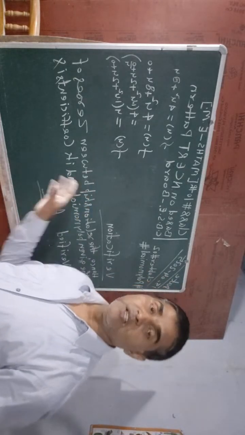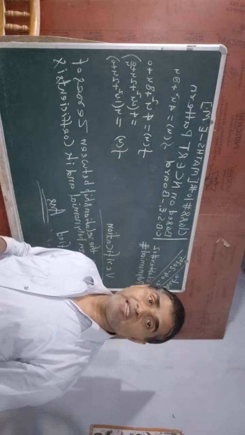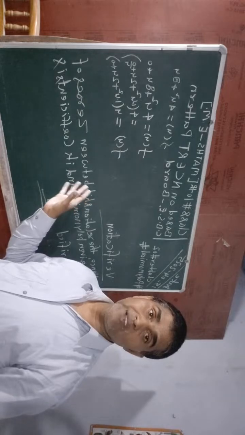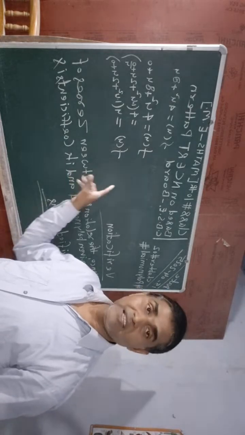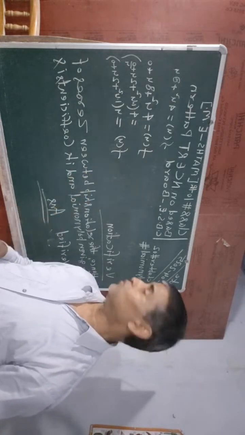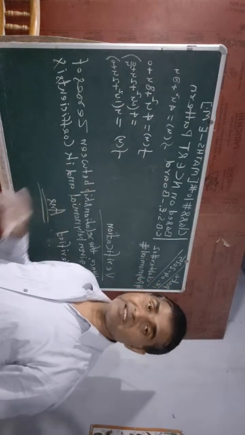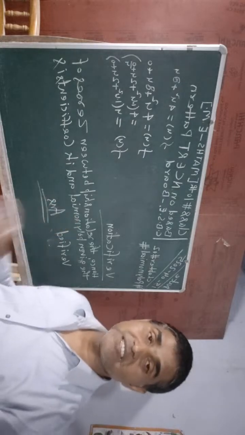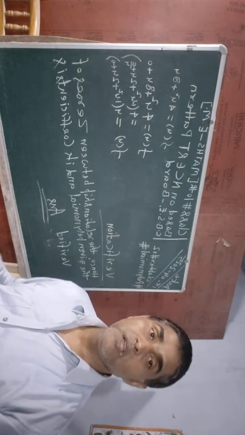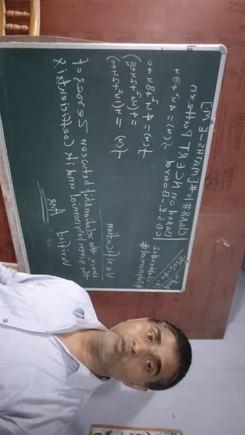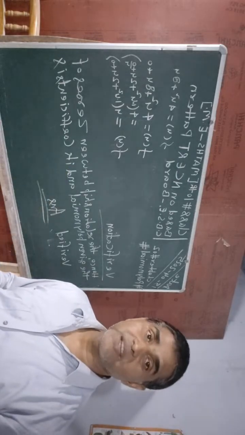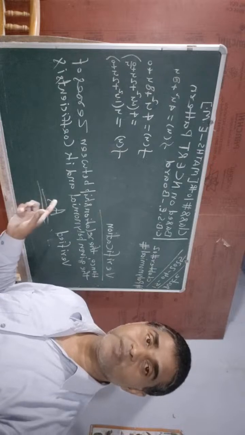It means that those zeros lie on the x-axis, meaning the curve of the given polynomial will intersect the x-axis at the given zero values. Okay students, so after getting its zero values you also have to check the relationship with the coefficients. If the sum of the zeros is equal to minus coefficient of x divided by coefficient of x square, it means that this is verified.